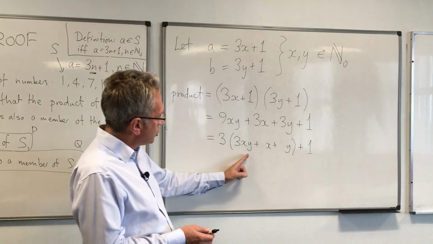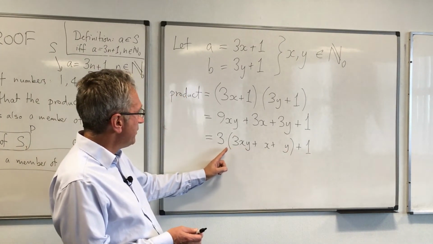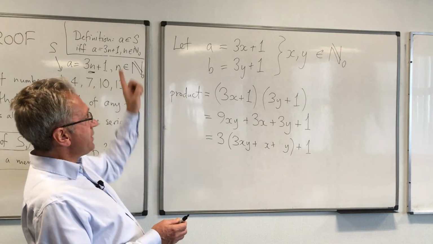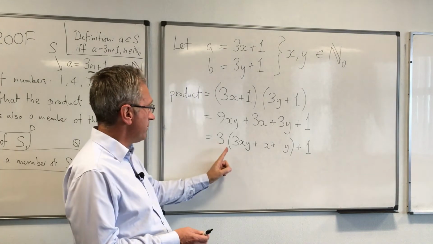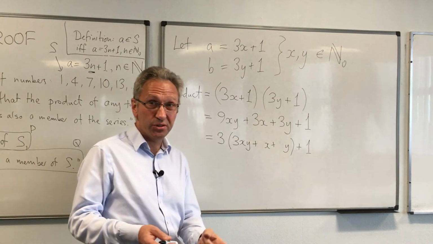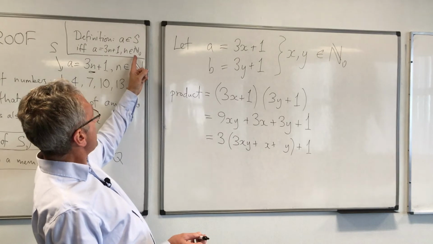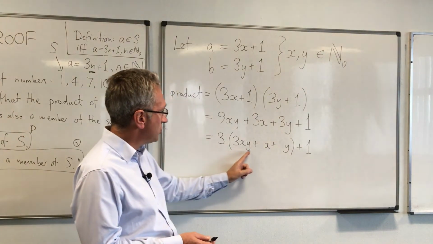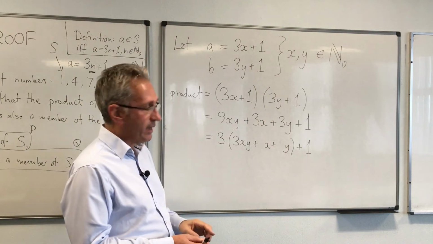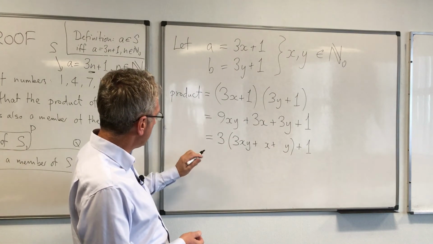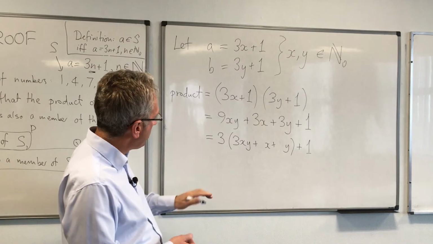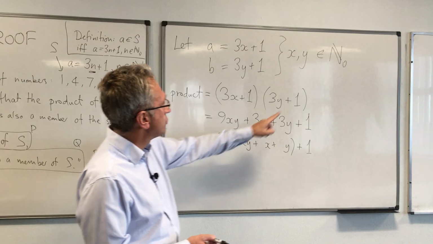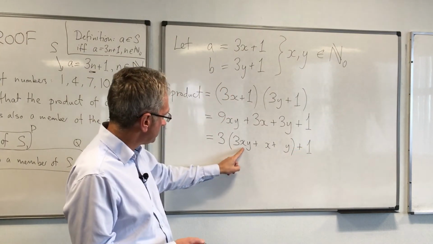What we've now got to show is that this thing is a member of the natural numbers. Previously we've had to show that these things are integers, but for this definition it's got to be a member of the natural numbers. So we've got to be careful and make sure that we show that it's a member of the natural numbers, the counting numbers, not including any negative numbers. Well, x and y are both members of the natural numbers starting at 0.